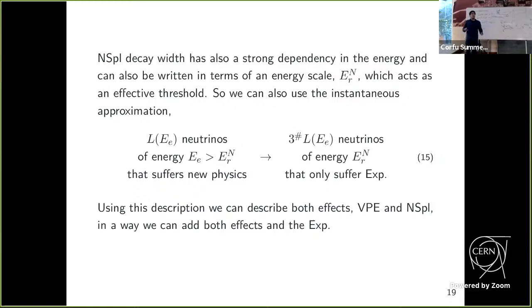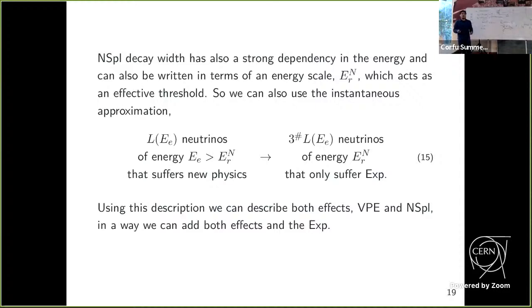So we can substitute the number of emitted neutrinos which are above the threshold, this effective threshold, by the number of neutrinos at the end of the shower of disintegration. That is 3 to the power of the number of disintegrations of the emitted neutrinos, which now have exactly the threshold energy, and they will only suffer expansion because they do not have enough energy to produce the effects of new physics anymore.